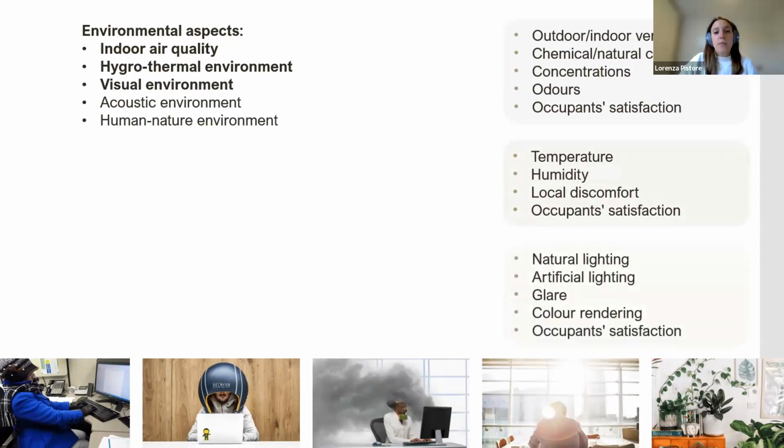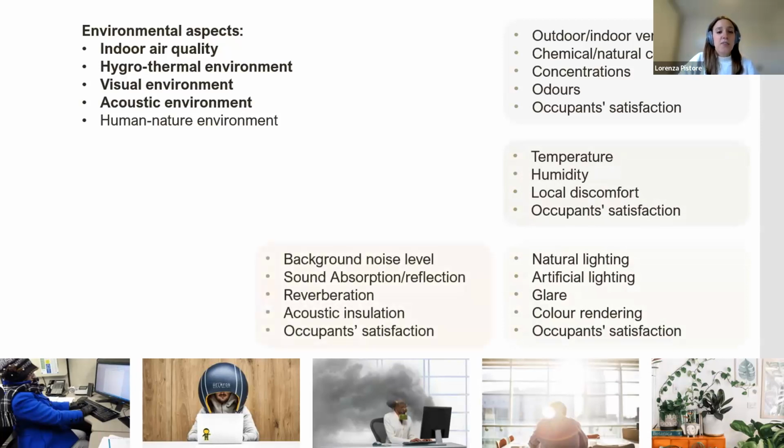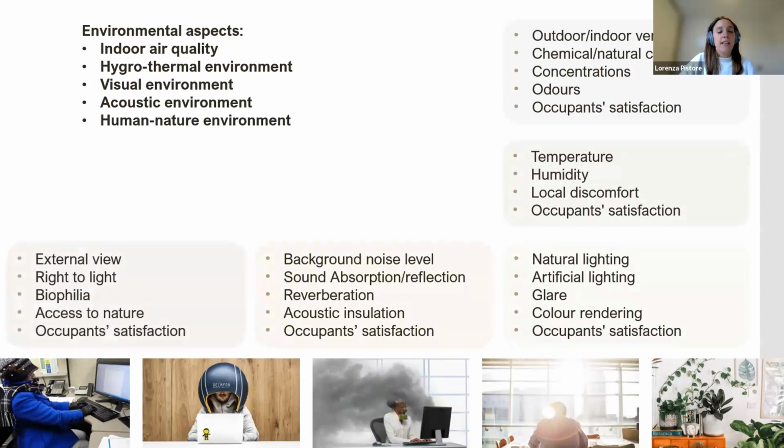For the visual environment, there is the need to address the natural lighting, but also the artificial lighting, issues like glare, color rendering. For the acoustic environment, we could look at the background noise level, but also sound absorption and reflection, reverberation issues, and acoustic insulation for sound privacy.